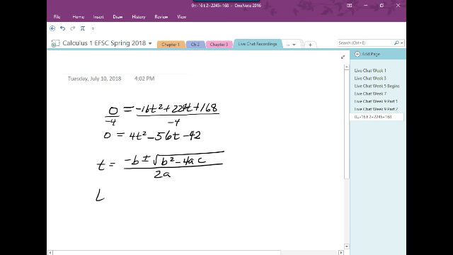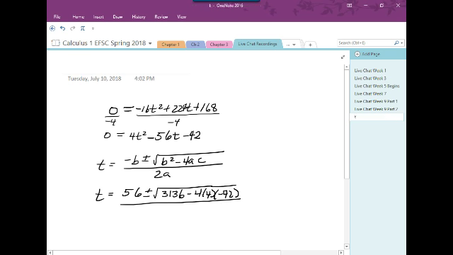So that would mean that t could be, the opposite of b would be positive 56 plus or minus the square root of 56 squared, which would be 3136 minus 4 times negative 42 all over 2 times 4 is 8.